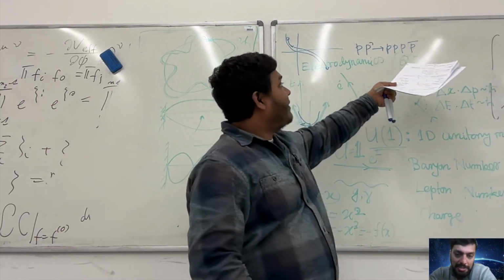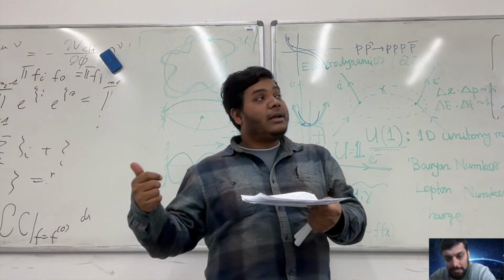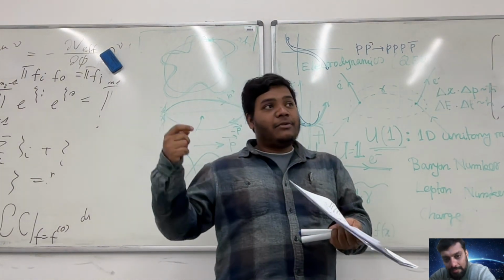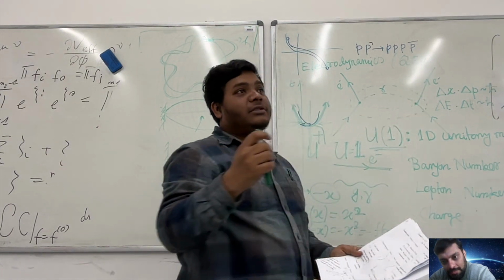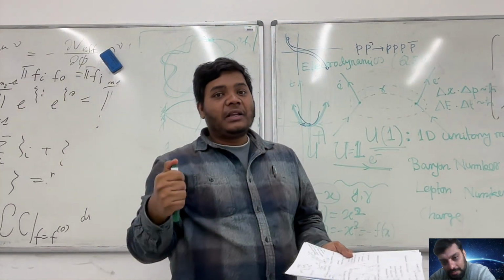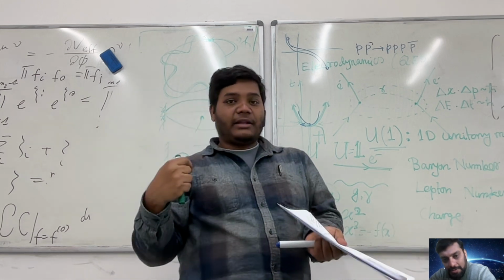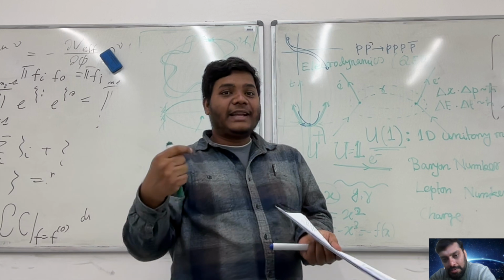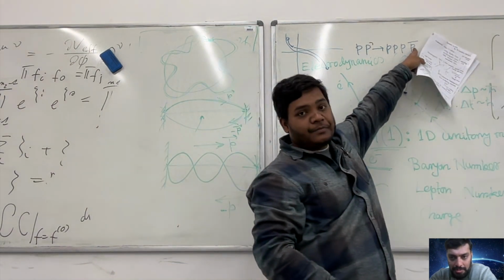So this proton has enough energy to create this antiproton. What I was trying to explain is that if I consider only this antiproton, then the momentum will not be conserved, because it is the other particles along with it which conserve the momentum for this antiproton.